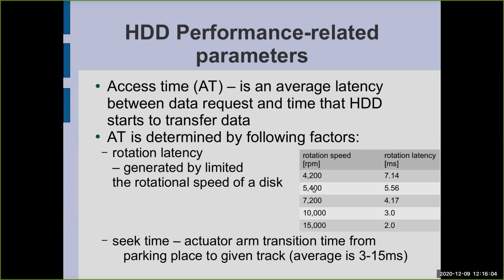What is the standard rotation speed for current hard drives you can buy? 5,400 RPM or 7,200 RPM. Those are the speeds for consumer hard drives.